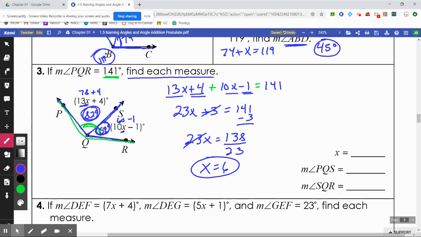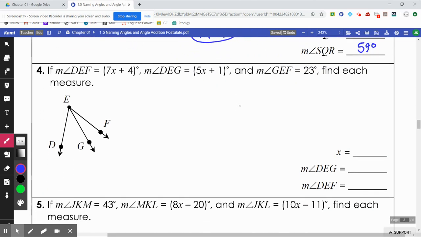Now, how can we see if we're right? This is 82, this is 59. Add those together, guess what you get? 141. So we know we're right. So x here is 6. The measure of PQS, P to Q to S, is 82 degrees. SQR would be 59 degrees. And again, you can add those together and you get your 141.